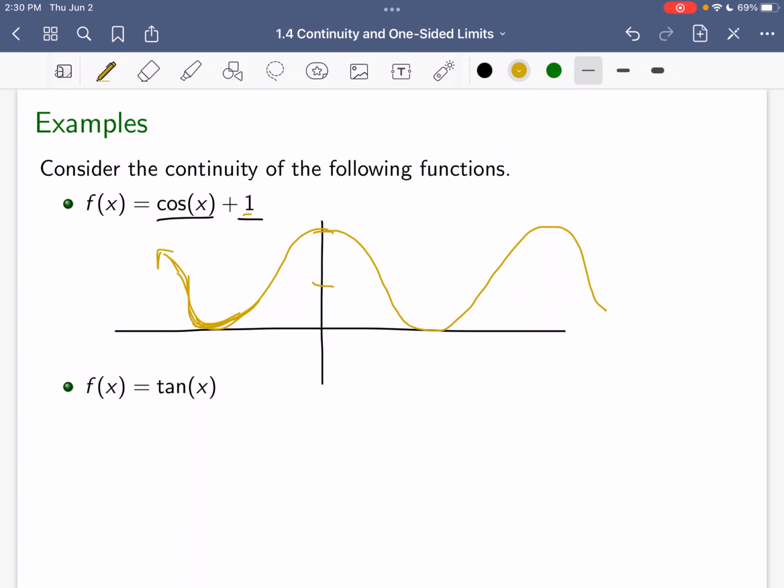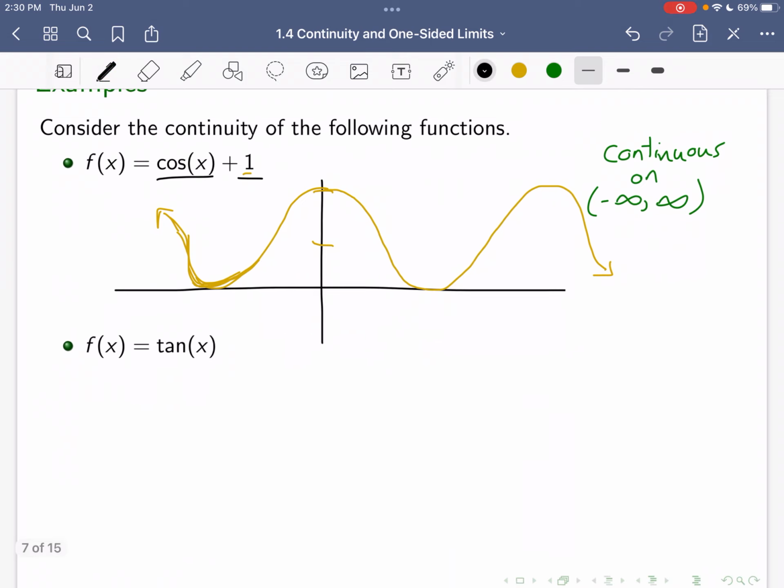Was there any discontinuity in that graph? Nope. This function is continuous everywhere, so there's not anywhere that this is going to be problematic.